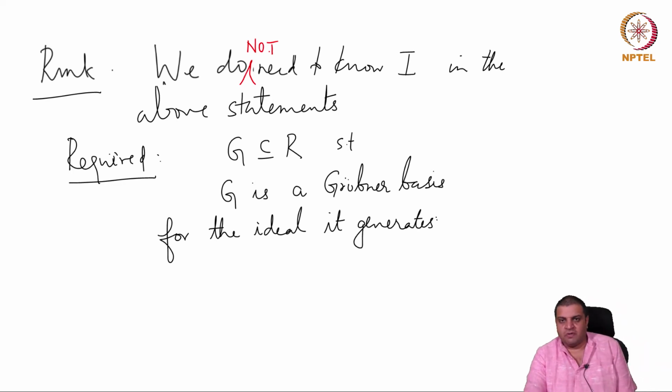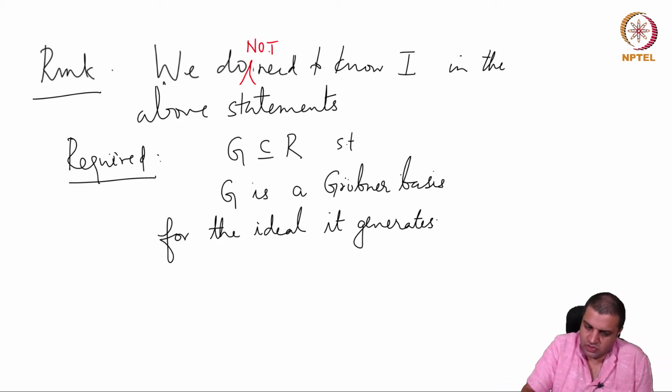G is a subset of R. It is of course going to generate some ideal. So all that we need is that G is a Gröbner basis for the ideal it generates, and we don't need to know what that ideal is. And as we learn more about Gröbner basis, or given some set of polynomials, how do you find a Gröbner basis that it generates? When we study that algorithm later, we will see that this is a statement that can be checked without knowing what the ideal is. So just keep this in mind.